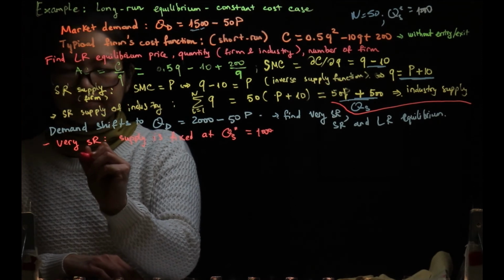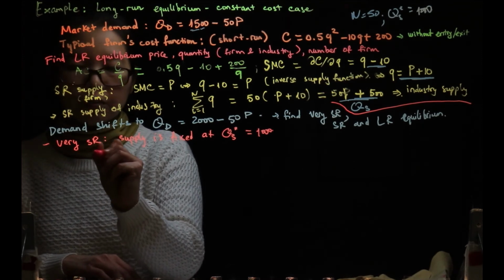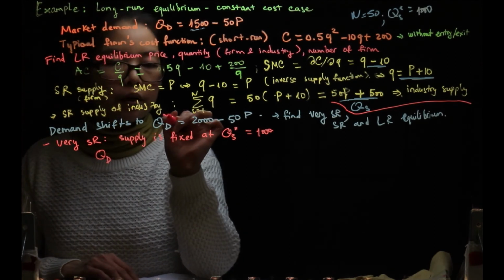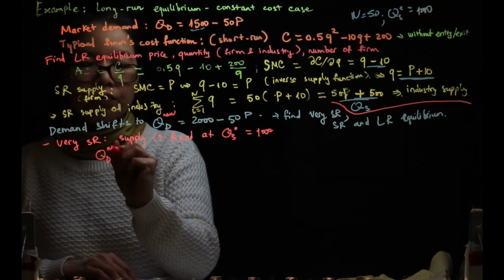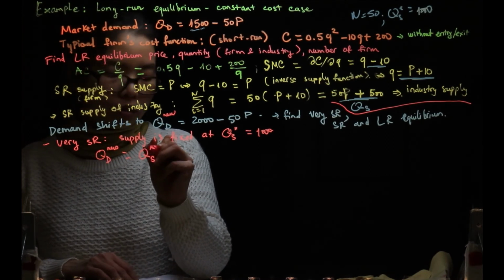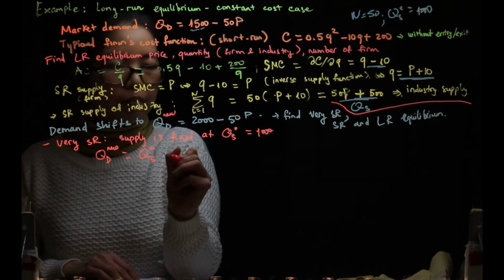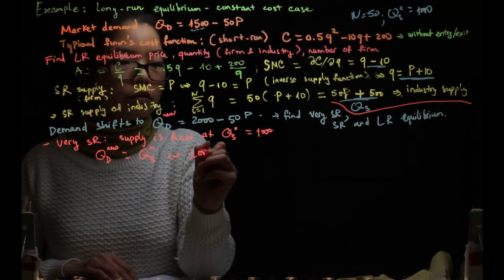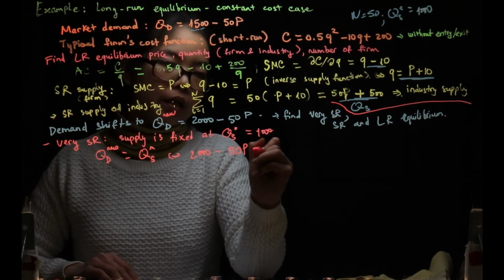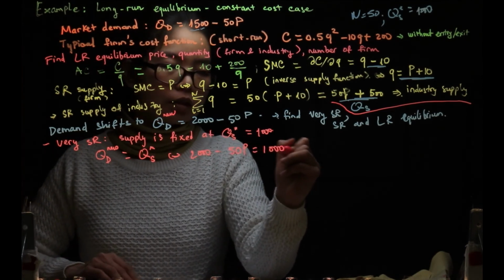Therefore, the condition for equilibrium now is QD new equals QS star. So that means 2000 minus 50P equals 1000.